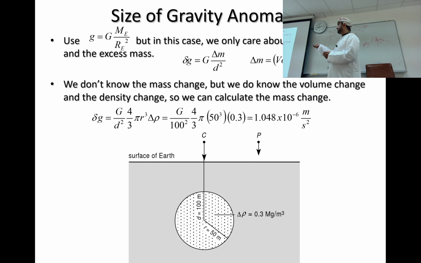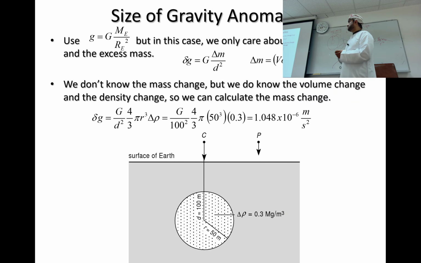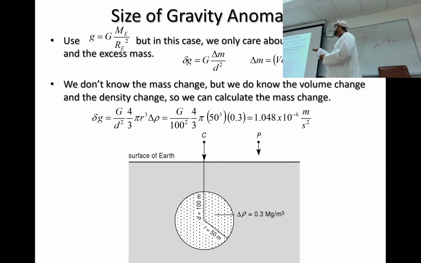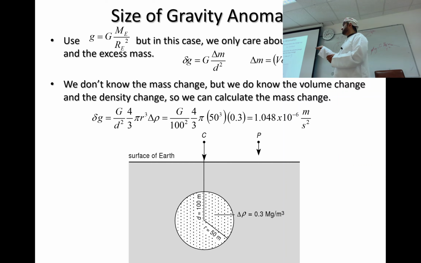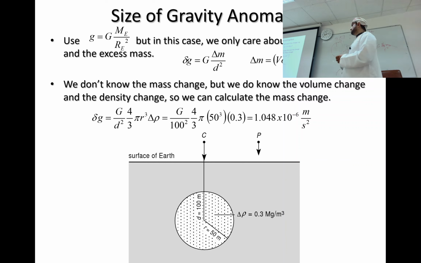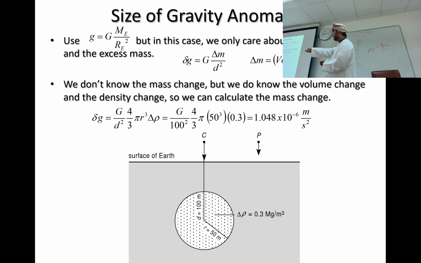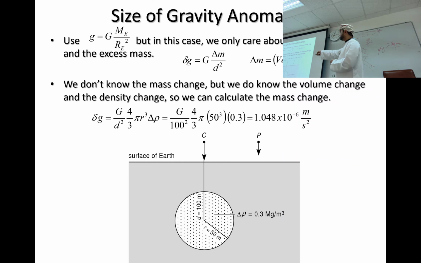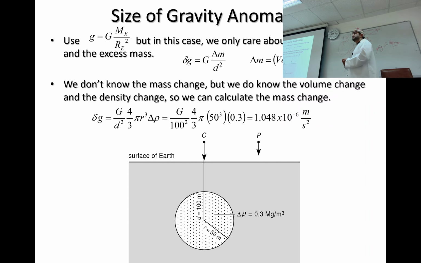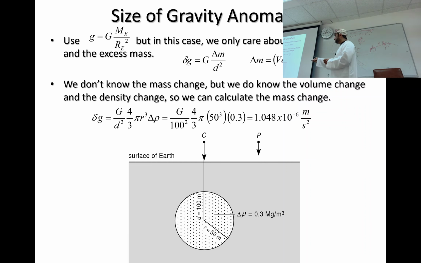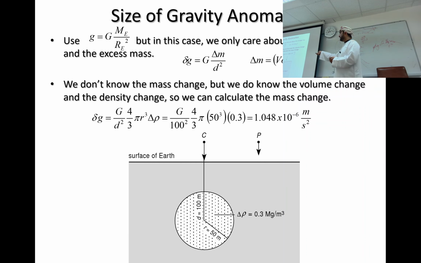So let's take some simple measurements. That's the law of gravity. G equals constant G, mass of the earth over the radius of the Earth. I'm not interested in a whole absolute G. I'm interested only in change due to this body. So right now, instead of R, I use the distance to the center of the body.